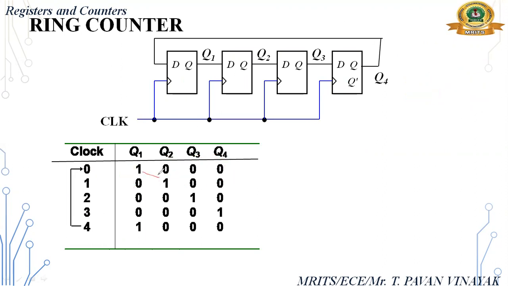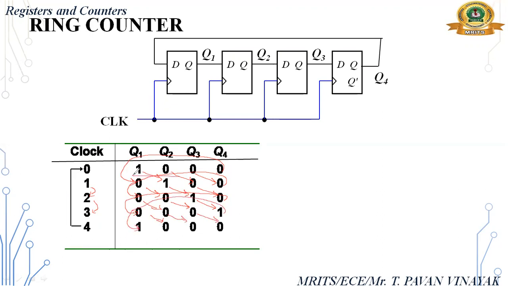See, shifting: first you have to shift and this will come to here. Next, second clock pulse, this 0 will come to here. Next, for the third clock pulse, shifting, shifting, this 0 will come to here, again shifting, and this 1 comes to here.